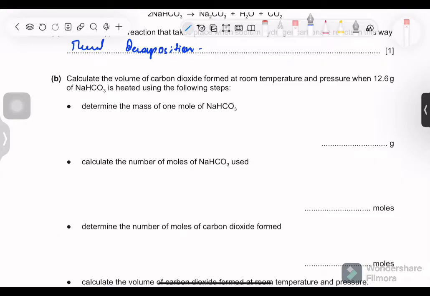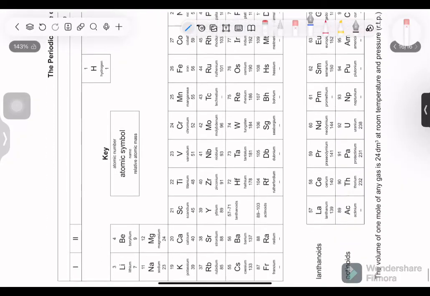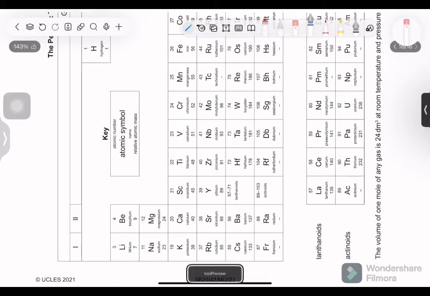So the mass of 1 mole is what? The formula is moles equals gram over the Mr, and because it's only 1 mole, we just have to calculate the Mr of sodium hydrogen carbonate.